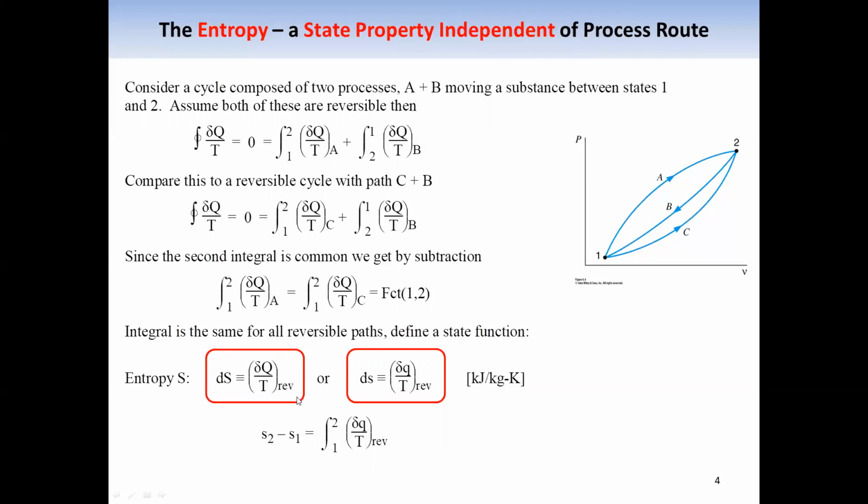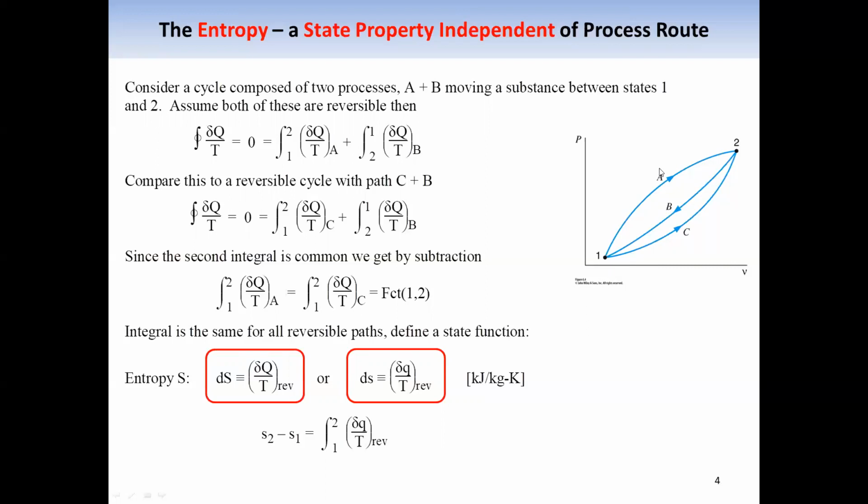It is a function independent from the past. When we make a change from state 1 to state 2, this property is independent of the past. In order to prove this, we take this integral through two different paths.